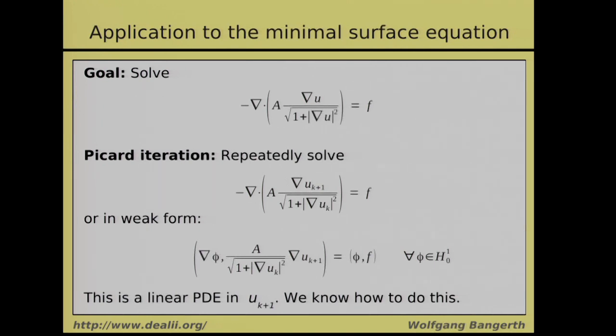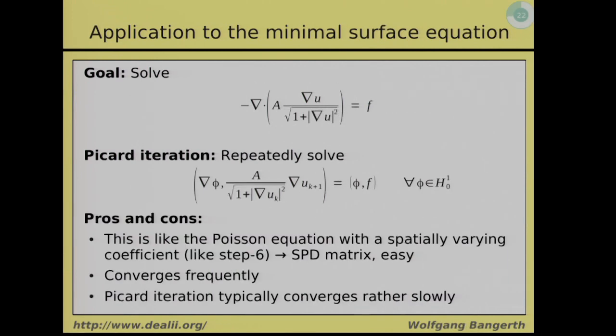I'm going to multiply this with a test function. I'm going to replace uk by the sum of uj times the test functions. I'm going to pull this out. This gives a linear system in uk plus 1. It's like the Laplace equation, just with a spatially variable coefficient here. So this just becomes a spatially variable but known coefficient because I know uk when I want to compute uk plus 1. So we know how to do this.